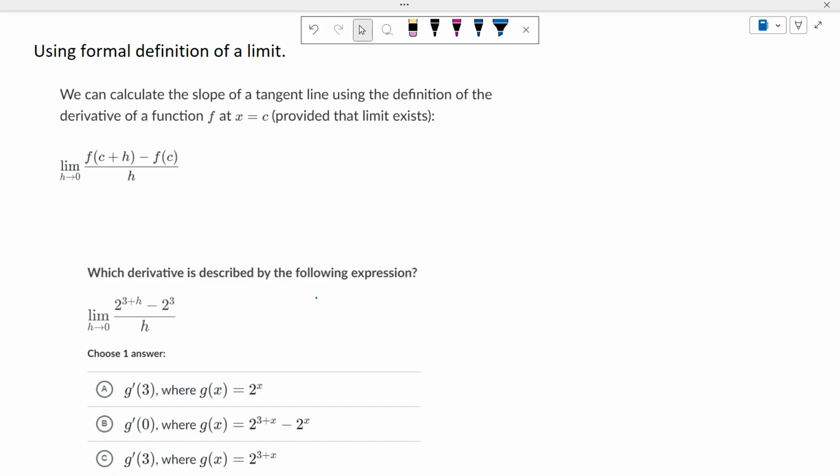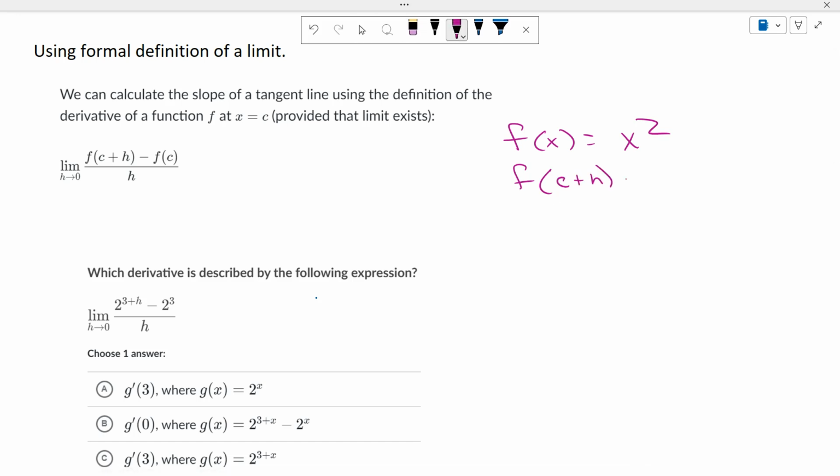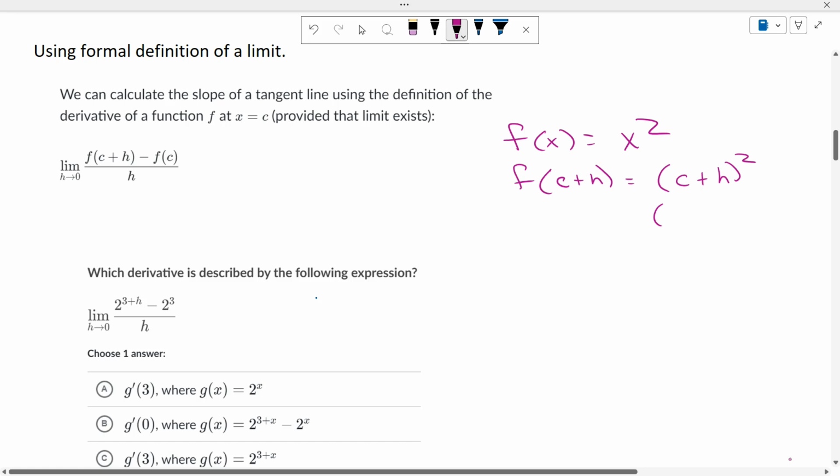Okay? So if you have f of x equals x squared, they do it a little different. f of c plus h equals c plus h squared, which is c squared plus 2ch plus h squared.